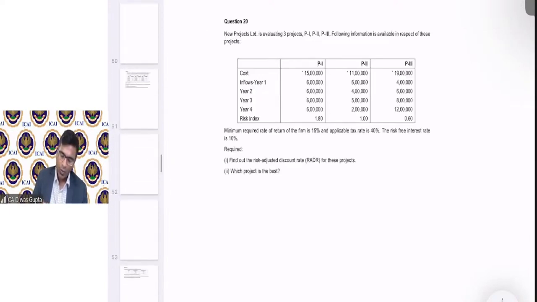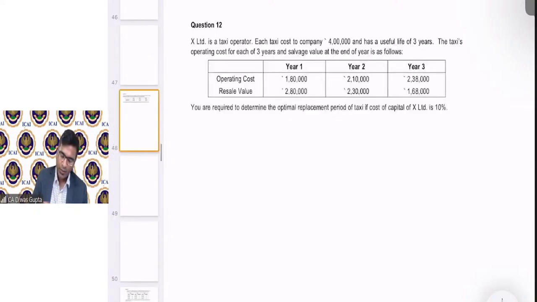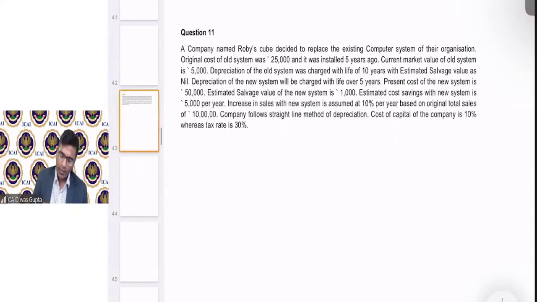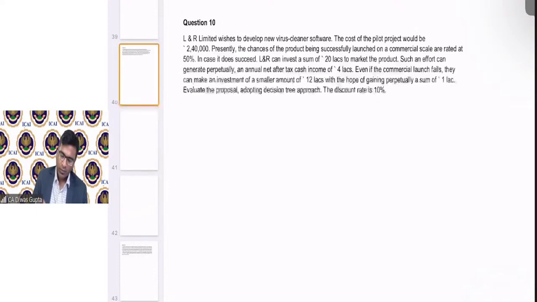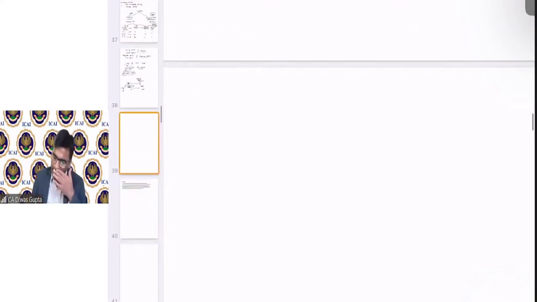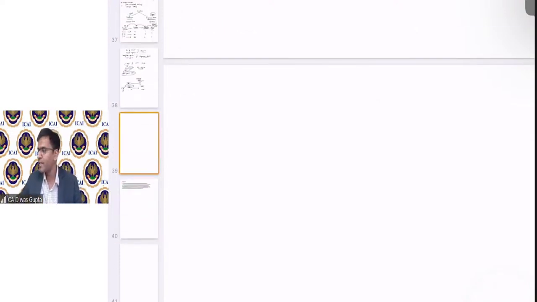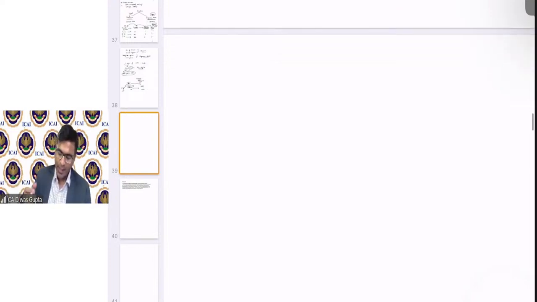Let me come to question number 10. Before question number 10, yes, I have got some more answers. Dhruv is saying A, Shruti is saying A. Perfect. Students, all of you are correct. I'm happy to see the good numbers.